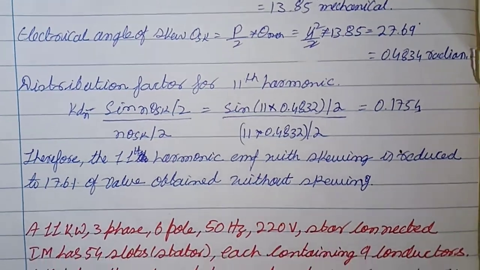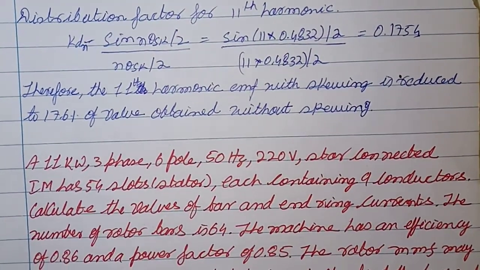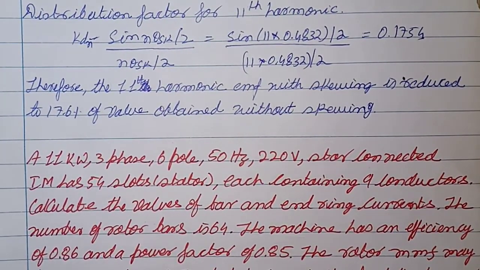The next problem: an 11 kilowatt, 3 phase, 6 pole, 50 hertz, 220 volt star connected induction motor has 54 stator slots, each containing 9 conductors. Calculate the values of bar and end ring currents. The number of rotor bars is 64.